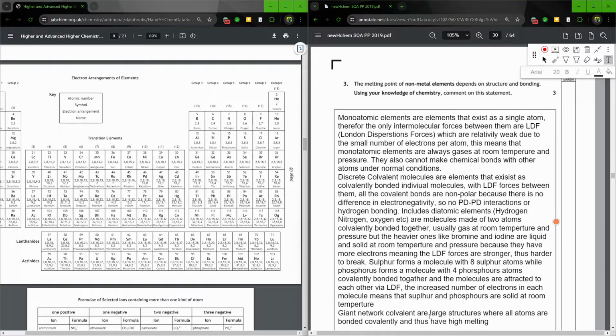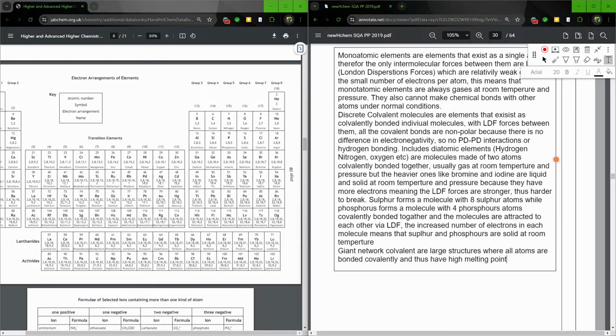I have just realised I've got to tie everything back to melting points. It's really easy when you do these questions to get carried away and not actually answer them, which happens to the best of us, as you can see. I am talking about it being solid at room temperature, so I just need to make it slightly more clear to make sure I get those marks.